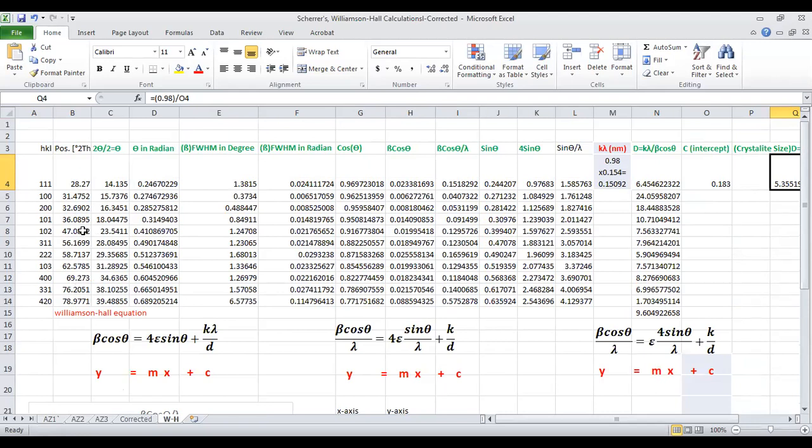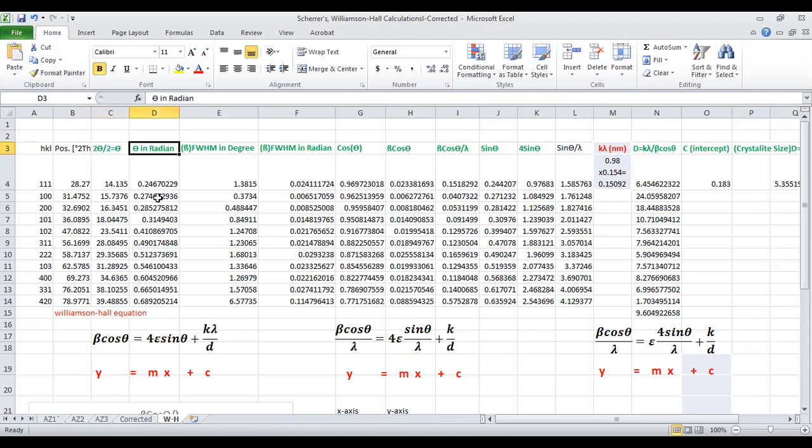Now I am moving towards the final equation, any one of the final equations, to get the average crystallite size. The first step is to convert this 2 theta in degrees to theta, and you can do this by just dividing by 2.